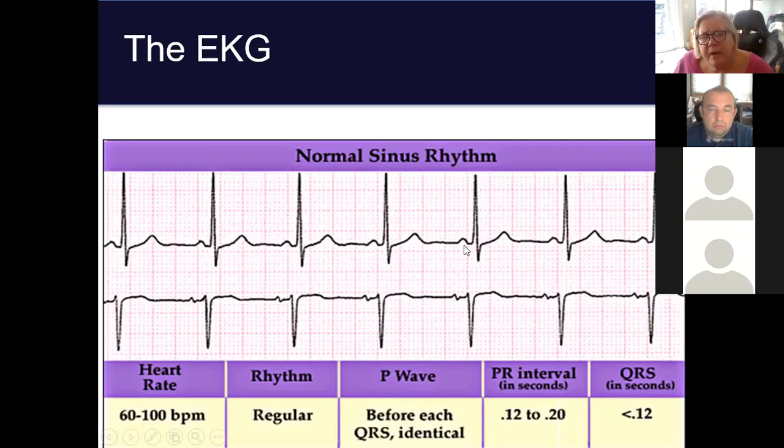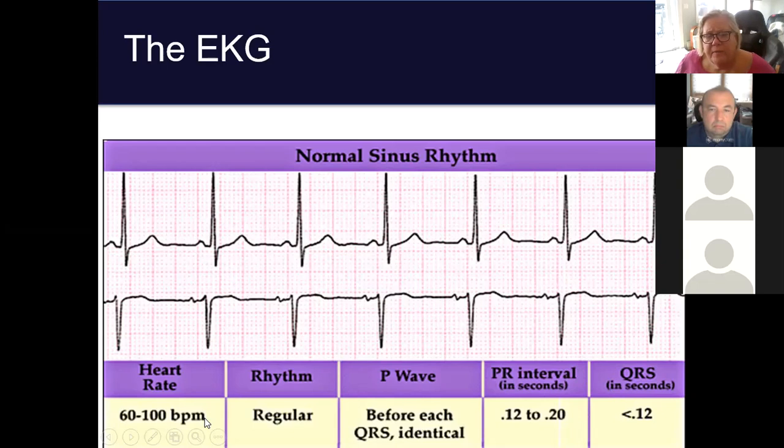But again, you would measure 2 or 3 of these complexes to make sure you have identical, similar timing. And your QRS should be less than 0.12 seconds. That's how long it takes in a normal conduction pattern to travel throughout the ventricles.